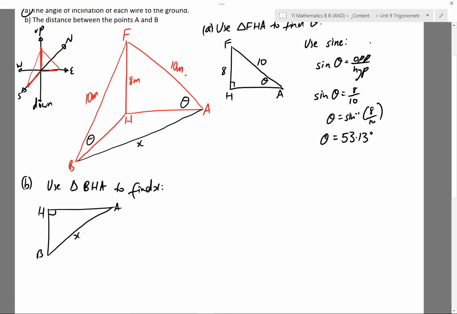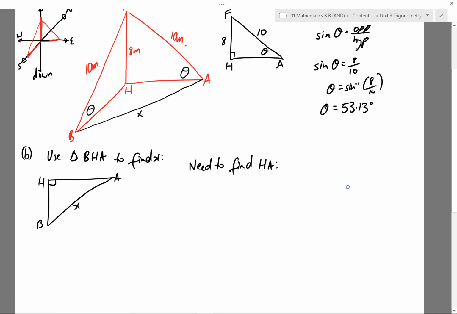If I know nothing about a triangle, I won't be able to find an unknown side. So what I'm going to need to do first is find either HA or HB. Need to find HA first. And I know that HA and HB are going to be equal because those two triangles were congruent.